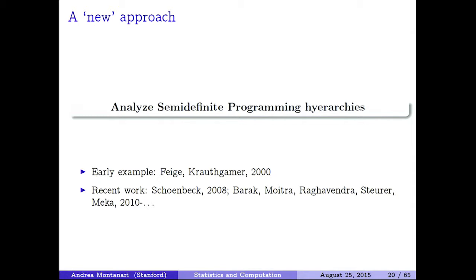In particular, this paper proved that a certain SDP hierarchy, the Lovász-Schrijver hierarchy, was unsuccessful in solving the hidden clique problem. But this approach took off in the late 2000s, due to a large extent to people that are not far from here, Ankur, Boaz Barak, and others.